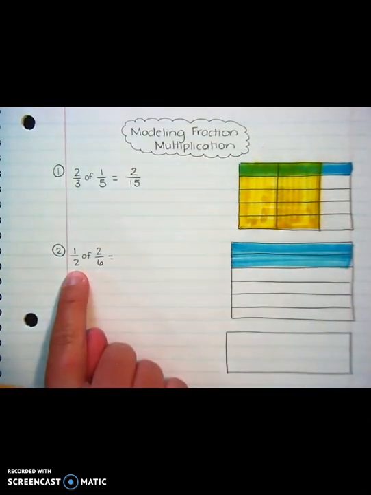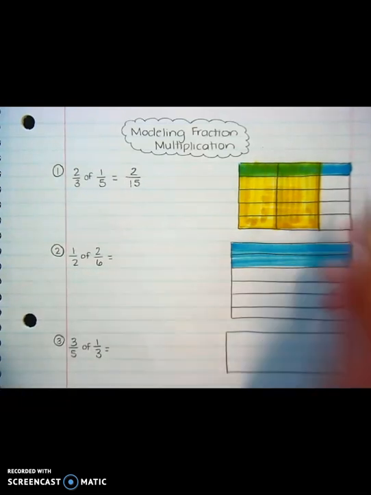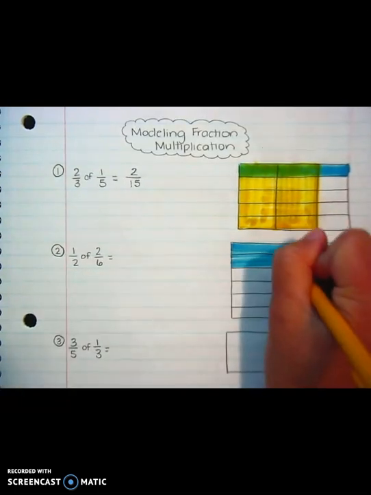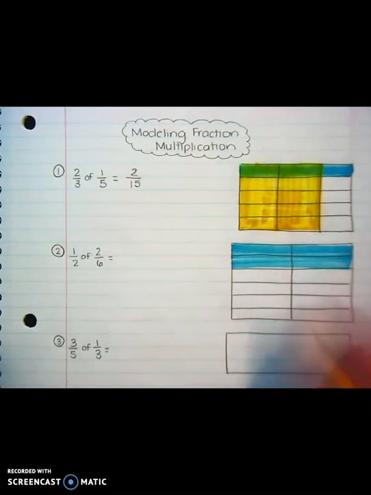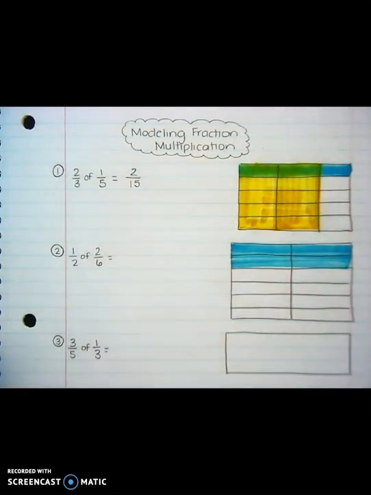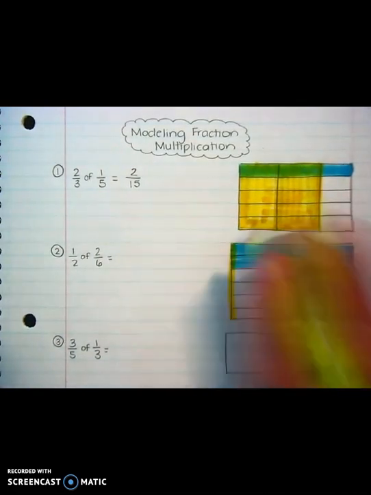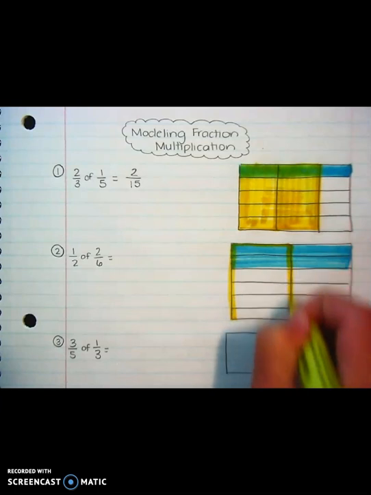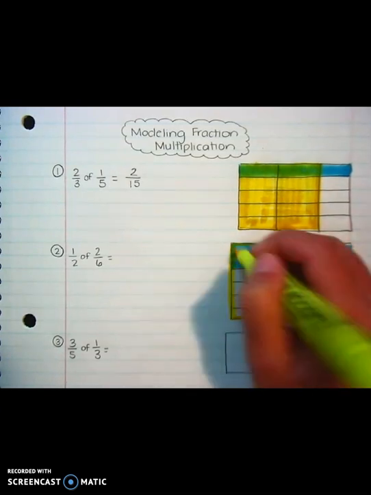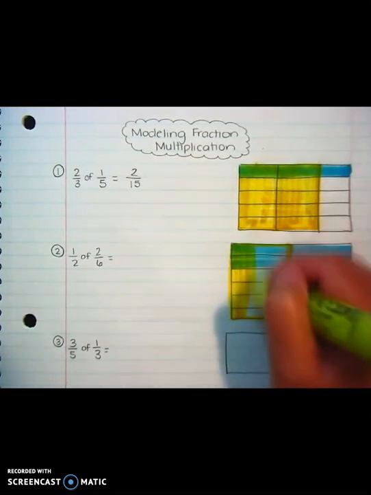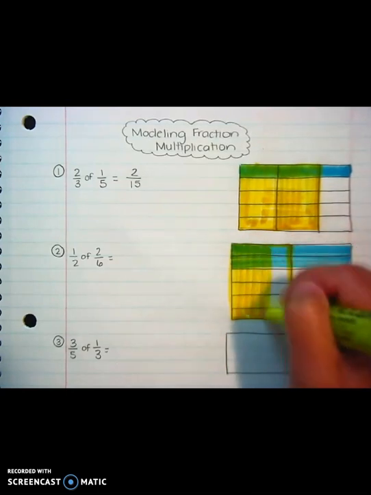Now I need to take 1/2 of this. So I'm going to draw another array overlapping where I split it in half. That means I'll have 2 equal sized columns. And I'm shading in one of those 2 columns. So I'll do that in yellow with an alternating color. And you can see that that's turning green up at the top.